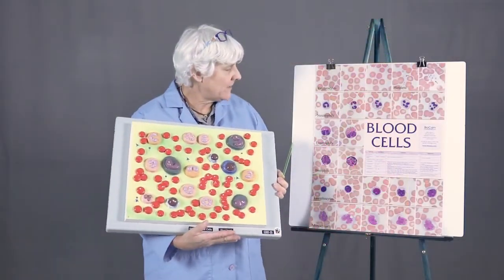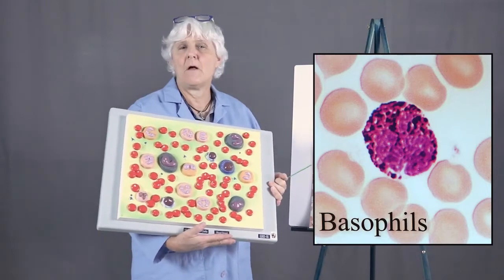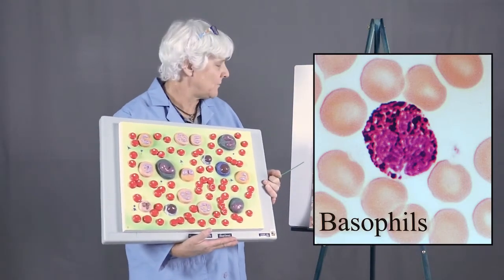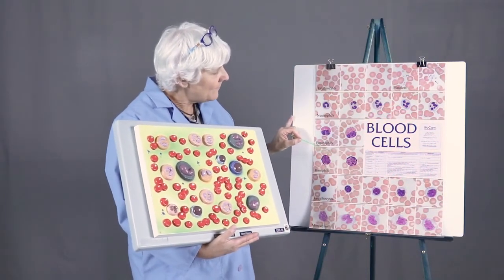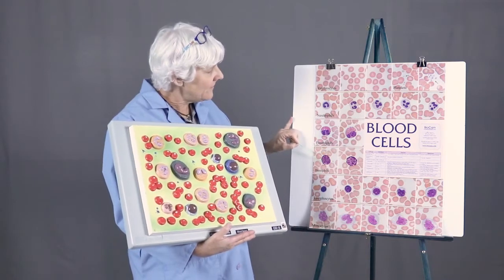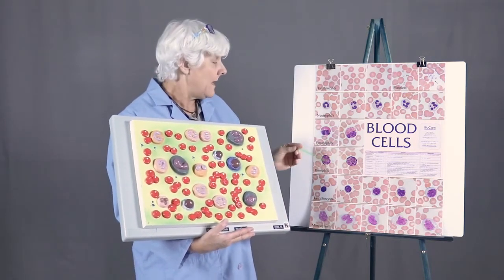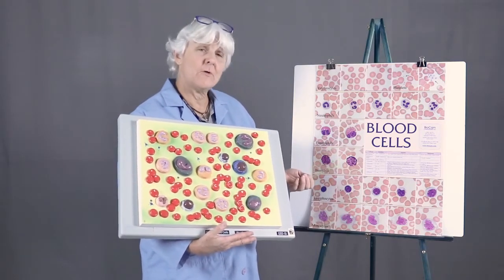The third kind of granulocyte is called the basophil, and it's not very prominent at all. Only 1% of your white blood cells are basophils. And they are identified by the very dark and large purple granules in their cytoplasm. And the granules are so huge and purple that they kind of occlude the nucleus.